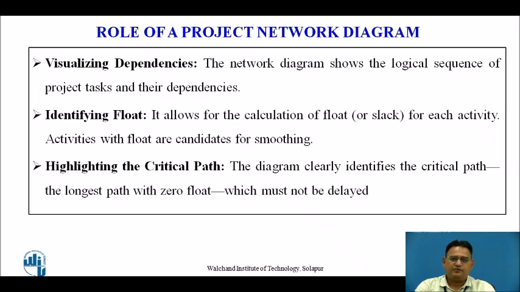Now, the role of the project network diagram. The network diagram will help us to construct the network and to show the interdependency between the activities. It helps us to declare the project duration as well as the critical path. Along with that, it will help us to identify the slacks and the floats associated with the events and the activities.